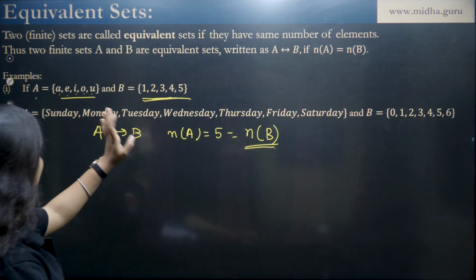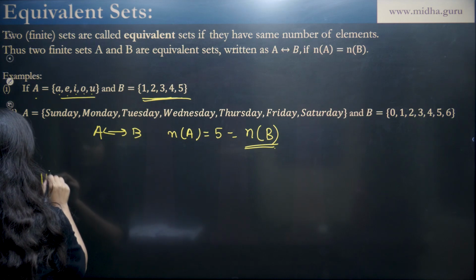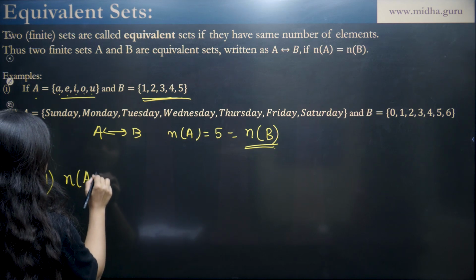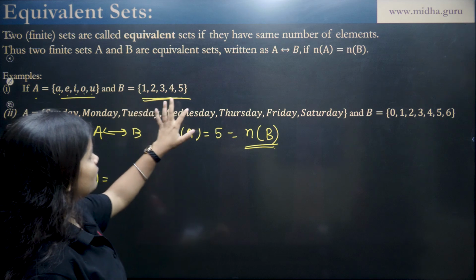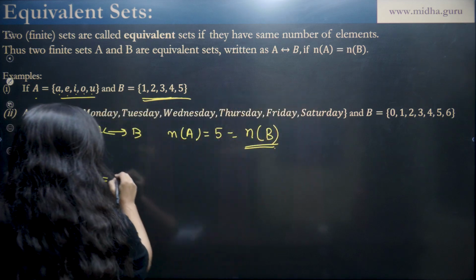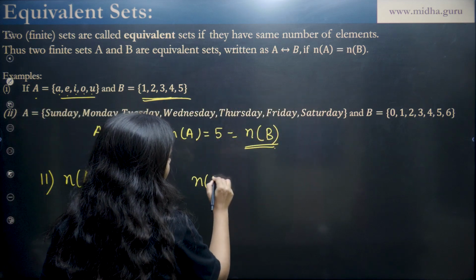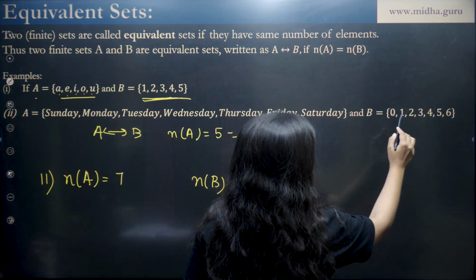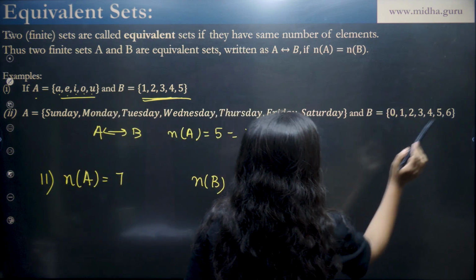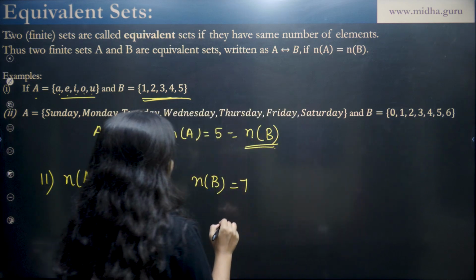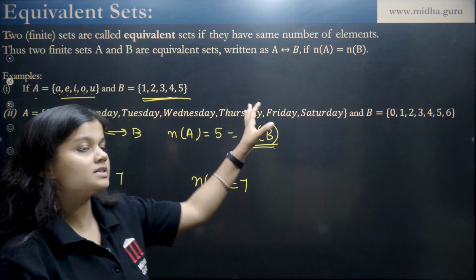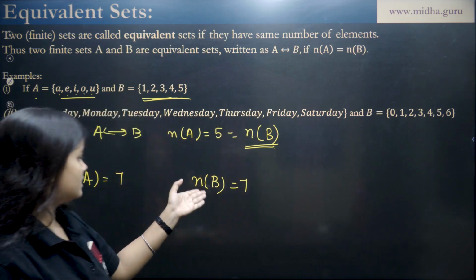In the second example, the number of elements in A is 7, and the number of elements in B is also 7. So the number of elements in both these sets is equal, which is 7.